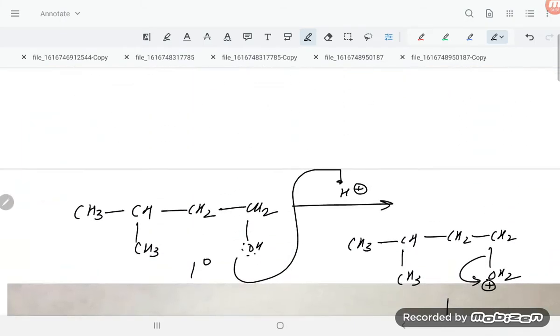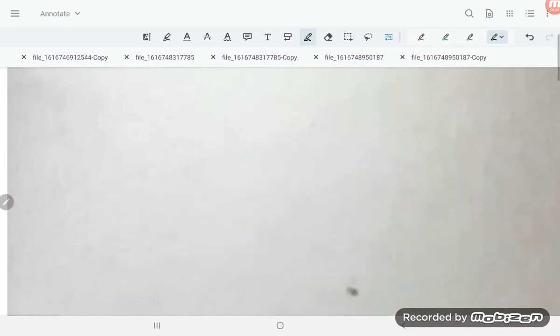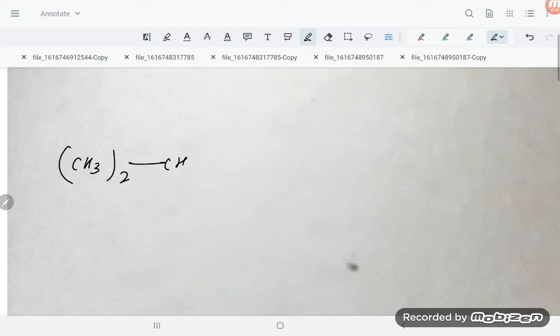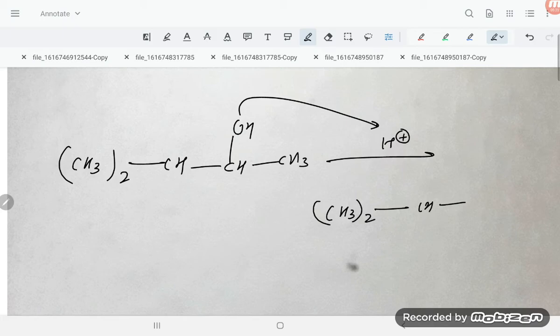Last option you see, this one, a 2 degree alcohol. How can you draw the 2 degree alcohol? The structure has CH3 twice, then CH, here is CH, here is OH, and this side CH3. If you take H plus, it will absorb and form the protonated alcohol, CH3 twice, CH, CH, OH2, and CH3, with the positive charge.